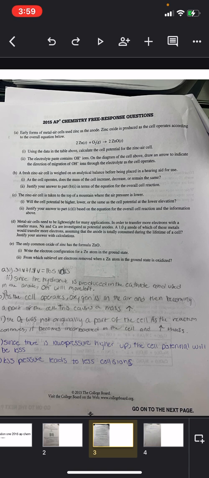Looking at question C, it says the zinc air cell is taken to the top of a mountain where the air pressure is lower. Will the potential be higher, lower, or the same as when the cell operates at the lower elevation?